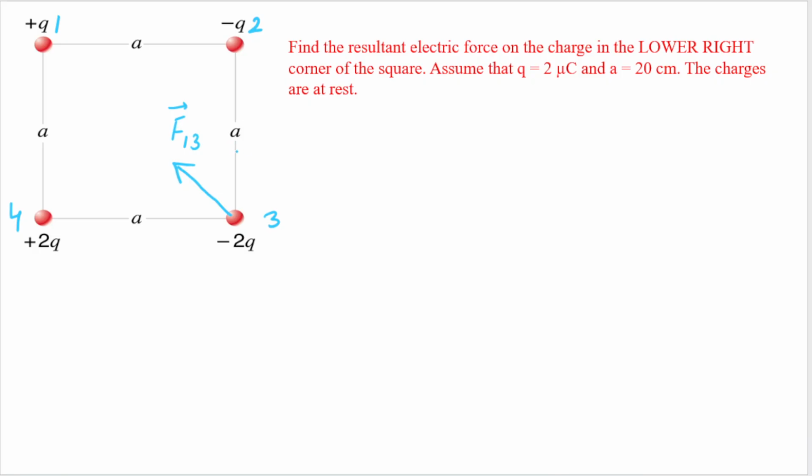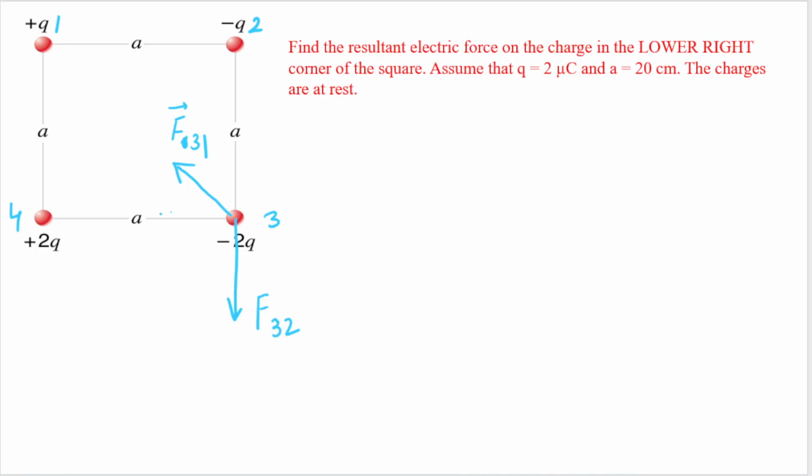Now let us look at the pair 2 and 3. Since 2 is negative and 3 is negative, there is a force of repulsion as shown by this arrow, F32. Now let us look at the pair 4, 3.